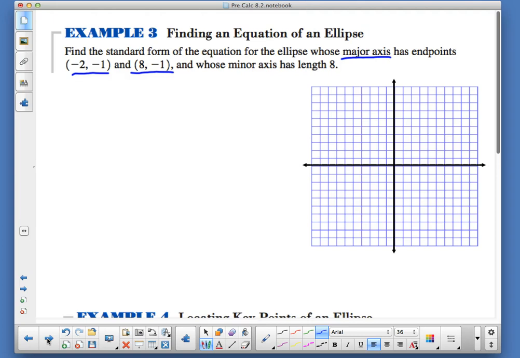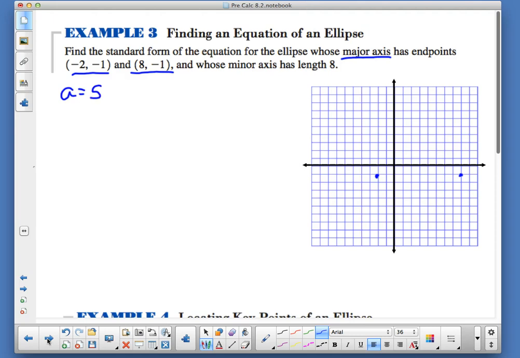So I got (-2, -1), and I got (8, -1), counting 1, 2, 3, 4, 5, 6, 7, 8. They are 10 apart, so my semi-major is 5. Does that make sense that A is 5 from that? A is equal to 5.